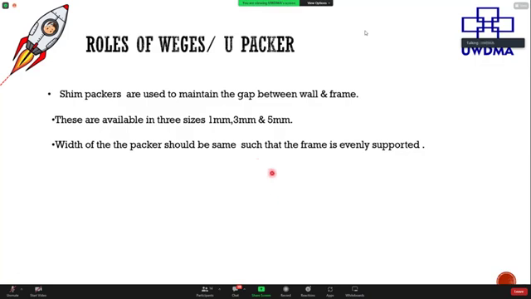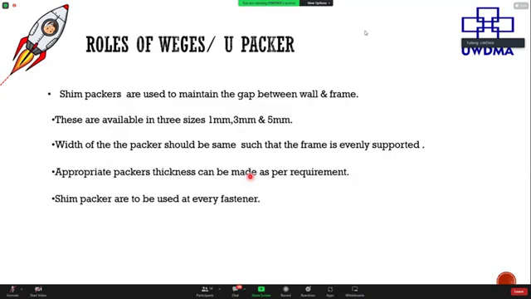The width of the packer should be the same as the width of the frame so that it evenly supports the frame, because the weight of the frame, especially at the bottom, comes on the packer only. So make sure the width of the packer is the same as your frame.